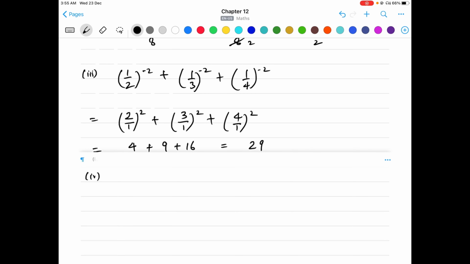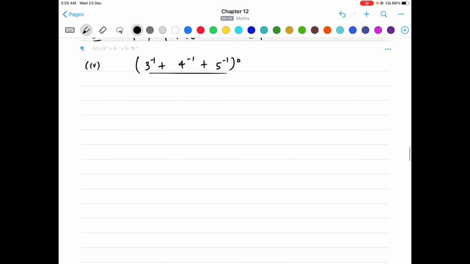We have here (3^-1 + 4^-1 + 5^-1) whole power 0. We can solve this in two ways.